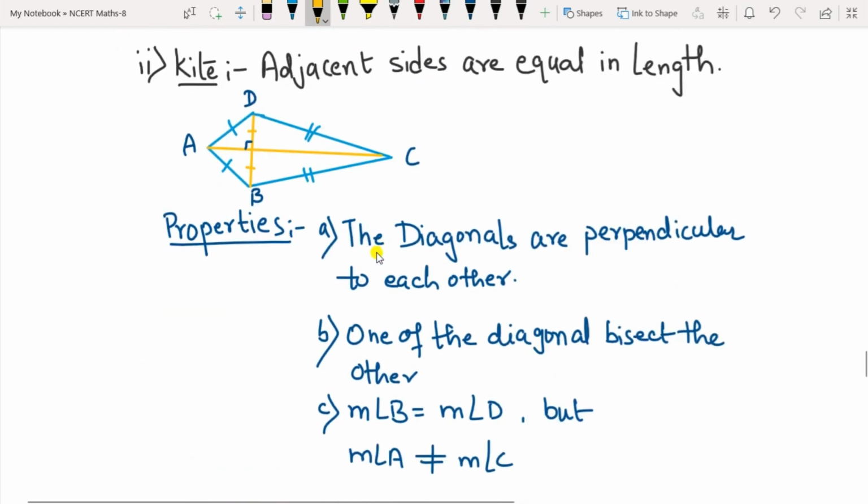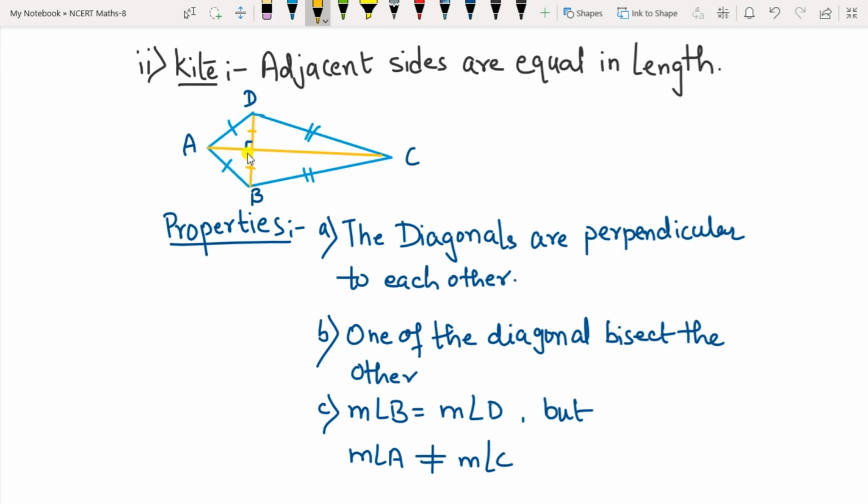Then the second quadrilateral is the kite. Adjacent sides are equal in length. Here you see the kite figure. So adjacent sides are equal in length. Properties are: the diagonals are perpendicular to each other. Here the diagonals are perpendicular. You can see the 90-degree angle here. One of the diagonals bisects the other. So this longer diagonal will bisect the shorter diagonal.